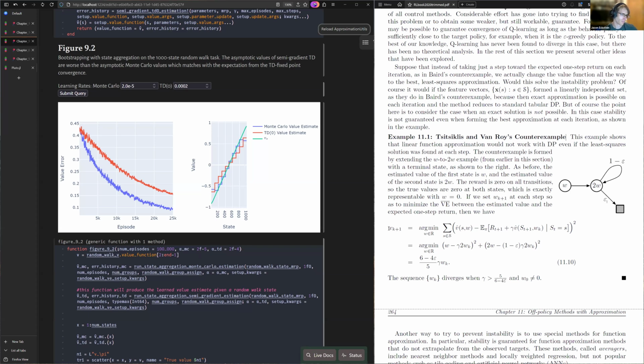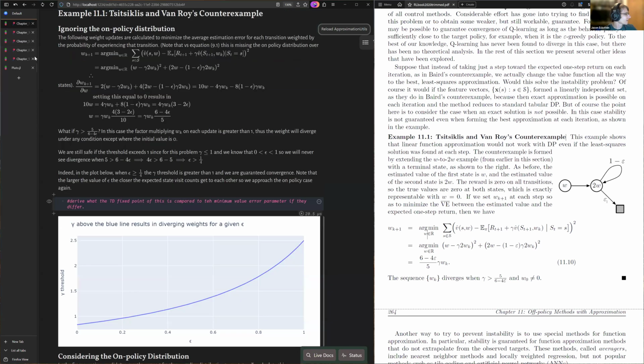And then, yeah. So from what I've seen here, if this problem doesn't diverge, then you have this type of update where this multiplicative factor is less than 1. And that just over time will drive the W values to 0.